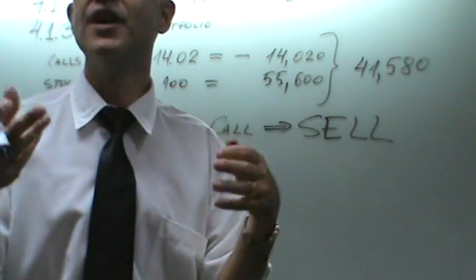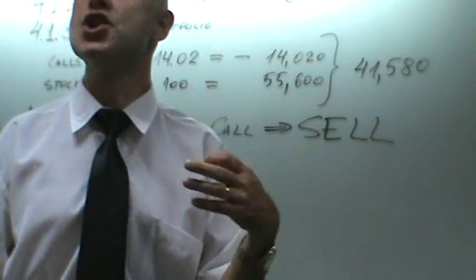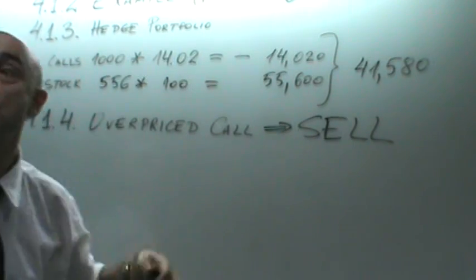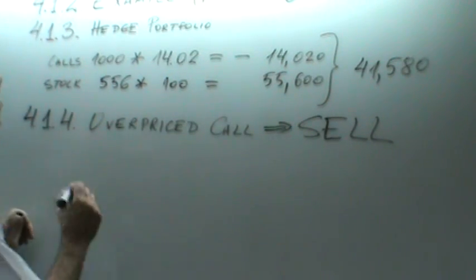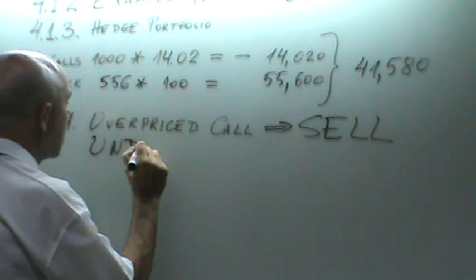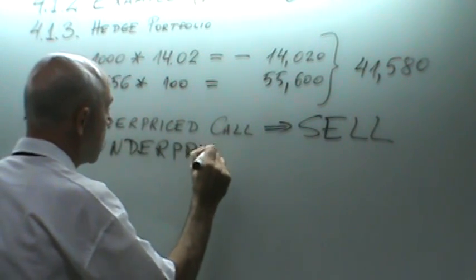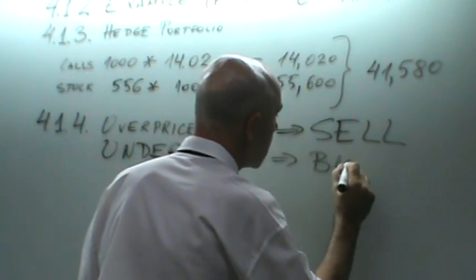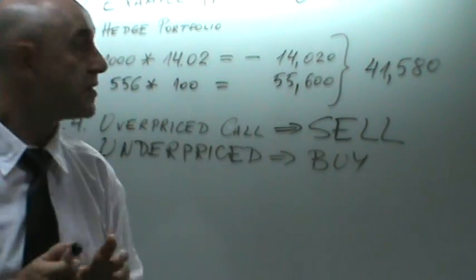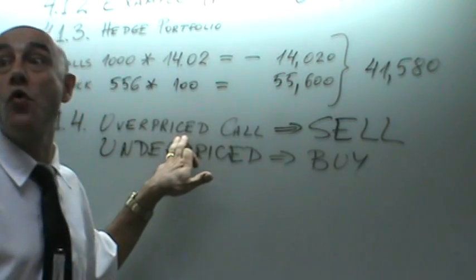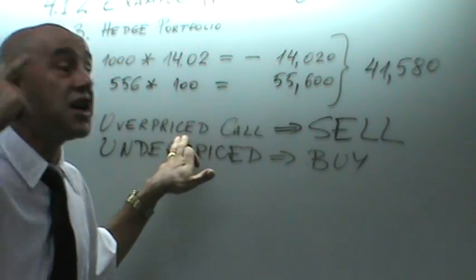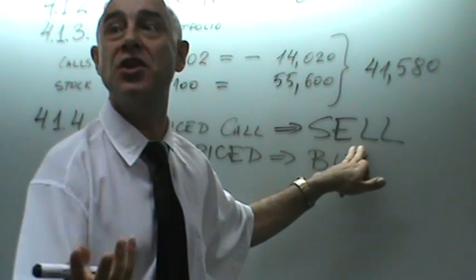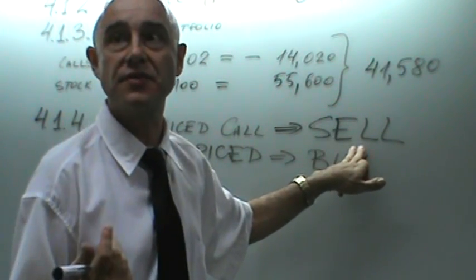It's the rule of making money. You sell overpriced assets and you buy underpriced. So if it is underpriced, you buy. So if the call is overpriced, here's the key. You will sell the call and you buy the stock to protect yourself.